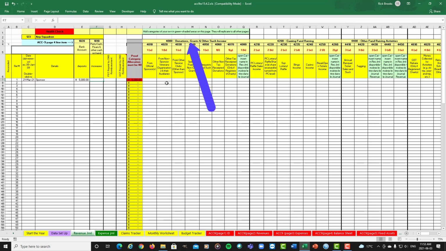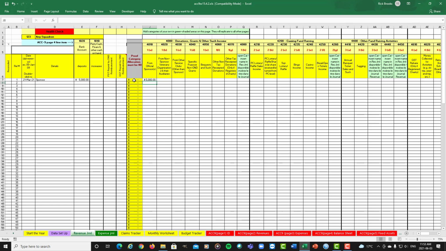There's donations, grants, and other such income, game fundraising, other fundraising activities, miscellaneous, and finally the D&D funding and recoveries. Now this one's pretty straightforward. The very first category is the official sponsor. So we put in $5,000 and immediately we see the proof category has gone back to yellow with a balance of 0.